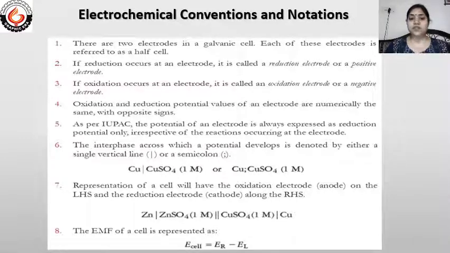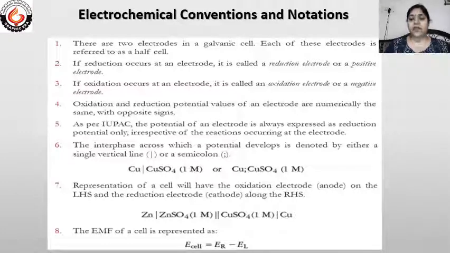Oxidation and reduction potential values of an electrode are numerically the same with opposite sign. In the electrochemical series, all the values are given in terms of reduction potential only. If an electrode has the ability for oxidation, the reduction potential value becomes negative, and if it has the ability for reduction, the reduction potential value will be positive.